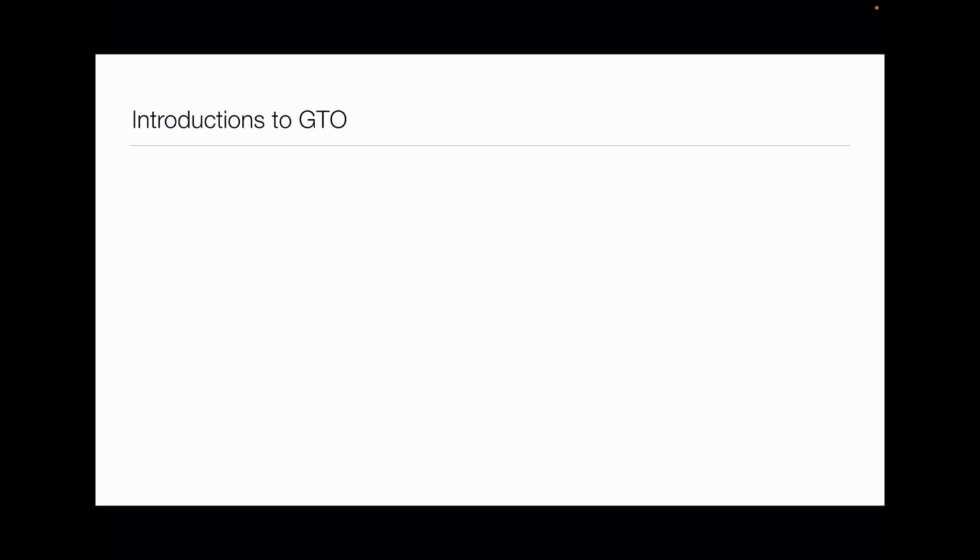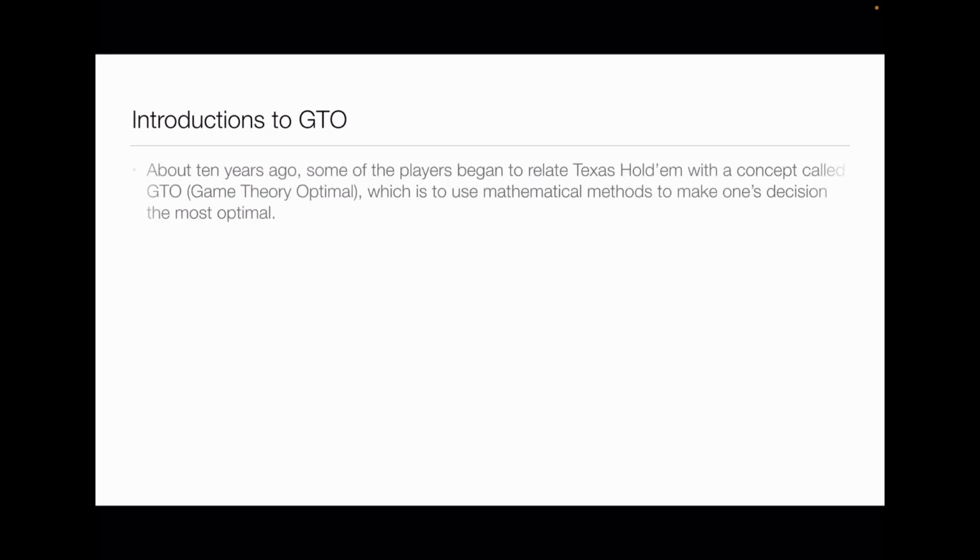And we are also going to introduce this concept of GTO, which stands for Game Theory Optimal. About 10 years ago, some of the players began to relate Texas Hold'em with a concept called GTO, which is to use mathematical methods to make one's decision the most optimal.